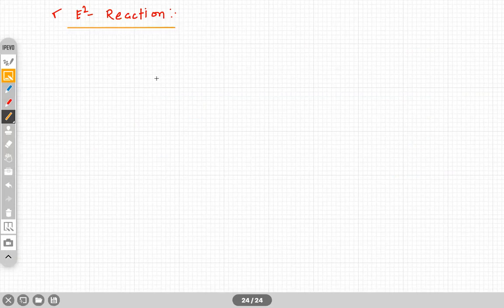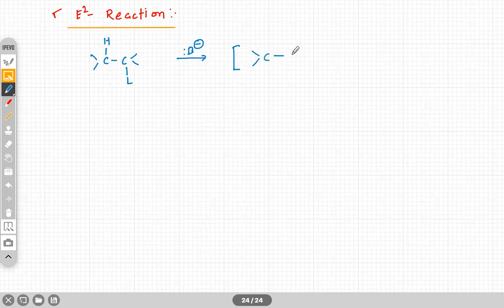E2 reaction. First of all, you see what is the reaction here. Same thing, carbon-carbon bond with a leaving group here and a hydrogen atom present over here, and in presence of a base, we'll get an intermediate step, which is this C single bond C. This bond is about to break.